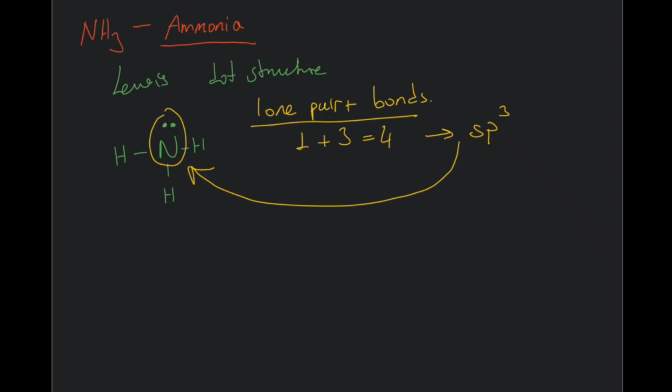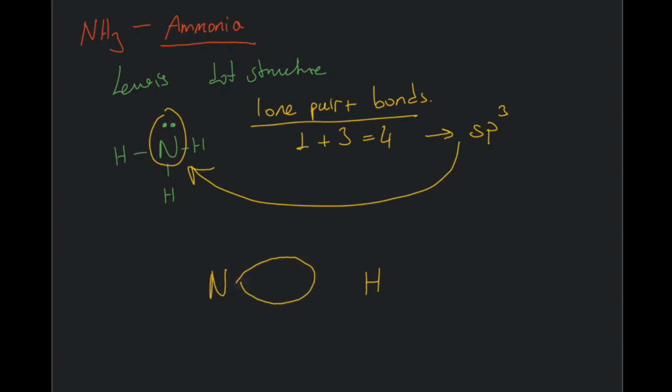So simply s is 1, p is 3, and it equals 4. This is the sp3 hybridization. Again, we can draw the nitrogen and hydrogen bond.